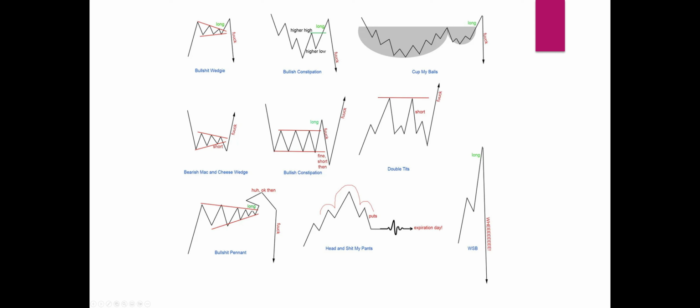Or you see the opposite with a bear flag, and you think it's going to go short, so you pop in there and it goes up. Or it's consolidating. In the middle there we've got this bullish constipation one.